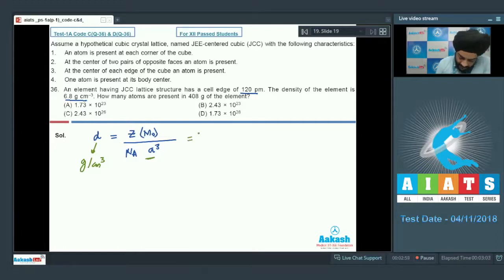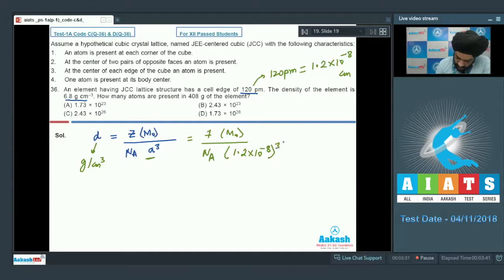So we have to take that into account and we have to convert this A value into centimeters. So the value of Z we had already calculated before. That was equal to 7 into m naught upon Na into A cube. The value of A is 120 picometers. So it can be written as 1.2 into 10 to the power minus 8 centimeters. So we need to cube this value, 1.2 into 10 to the power minus 8 cube.